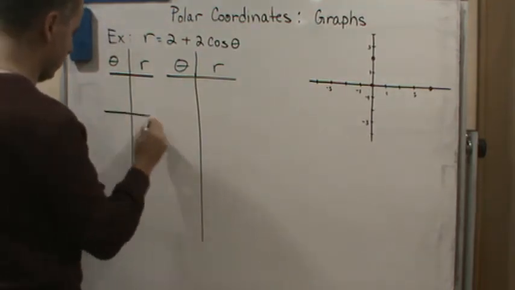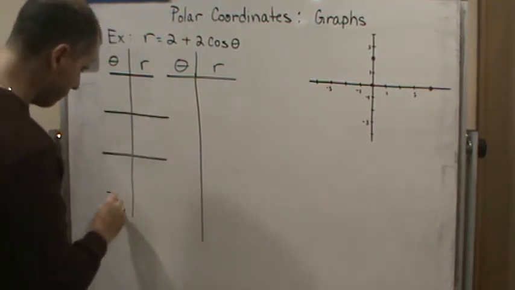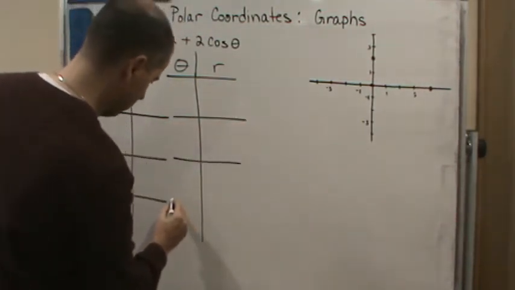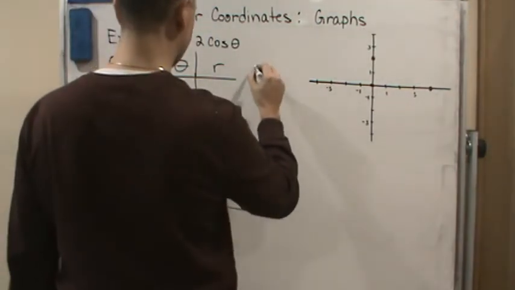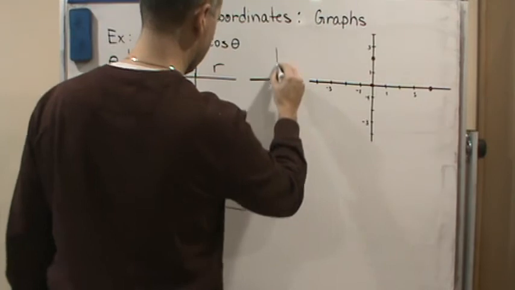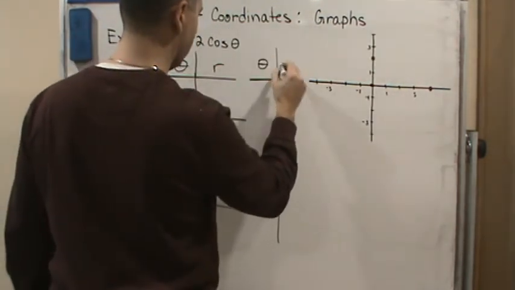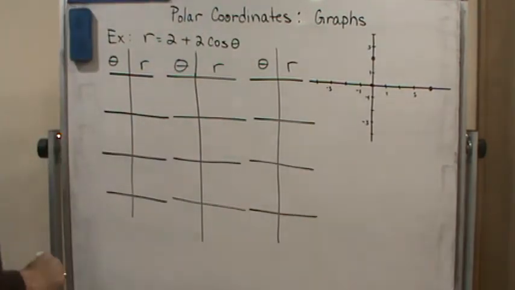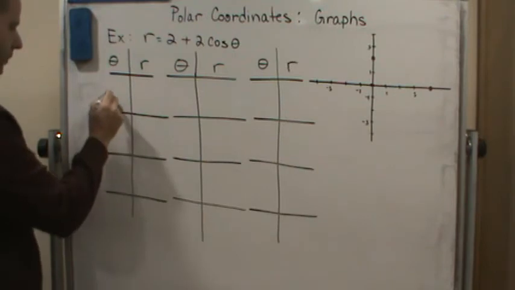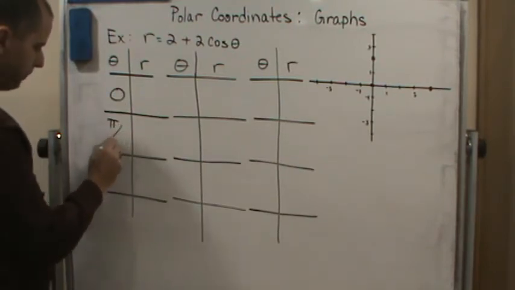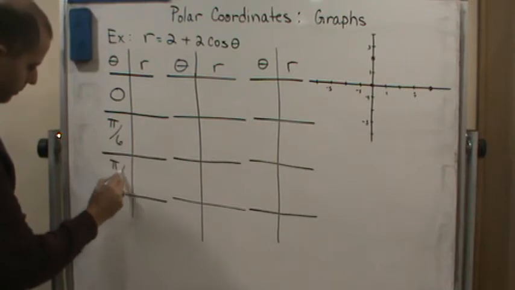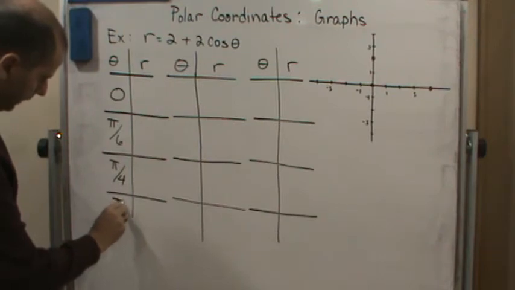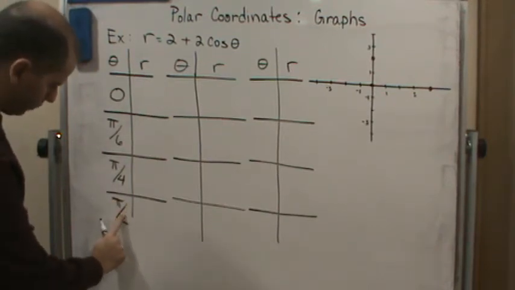I might need another table here, let's do it. I don't know if I'll need it. Okay, so first of all, let's start at 0, right? So 0, pi over 6, pi over 4, and then we got pi over 3, oops, not pi over 2.